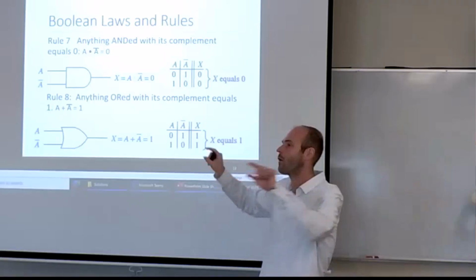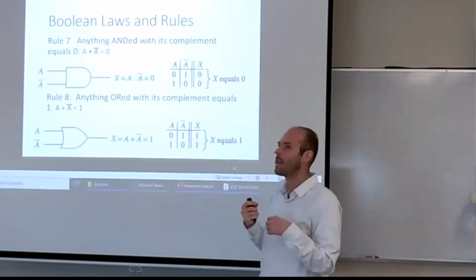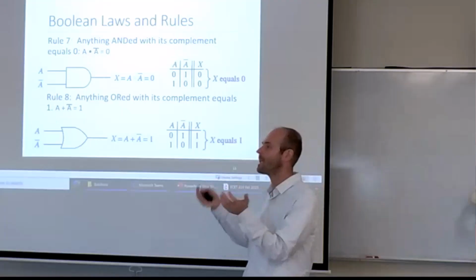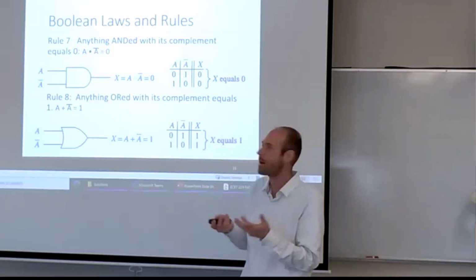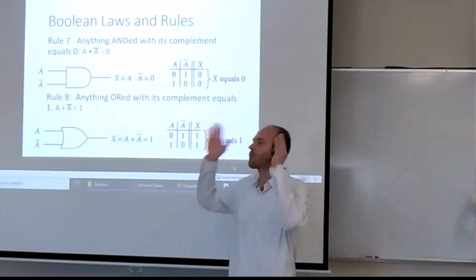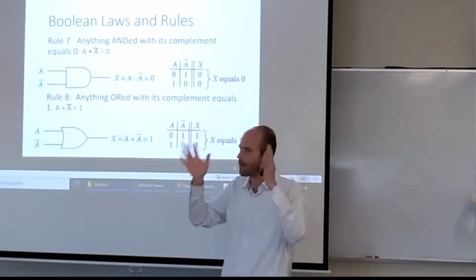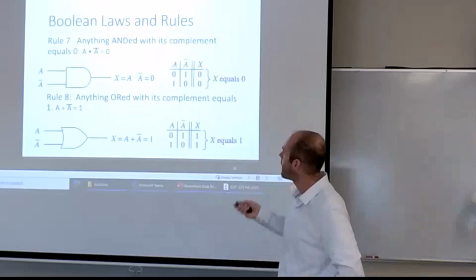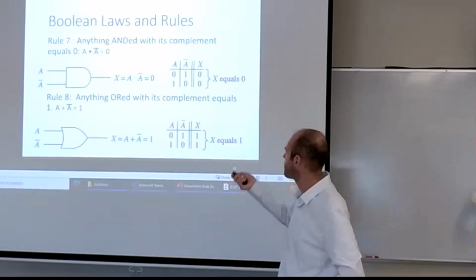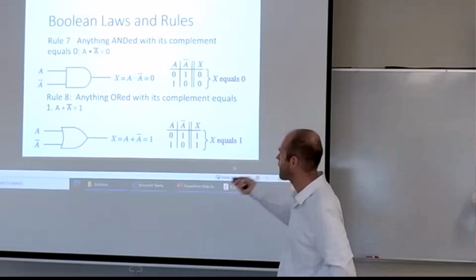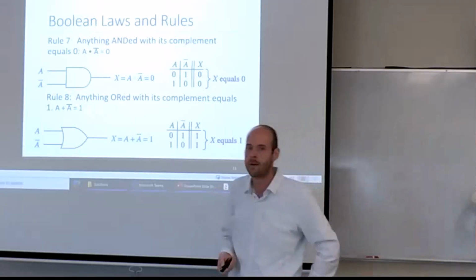So if you have a bar over multiple terms, like a NOR gate, which would be A or B, the whole thing inverted by the inversion bubble, I don't have a NOR up here to point at, but you can group the whole thing with the bar. So we're going to be able to group AND and NOR together. We'll see that in a moment as well. So that's 7 and 8, and ORed with its complement. And what happens? Anything ORed with its complement equals 1.